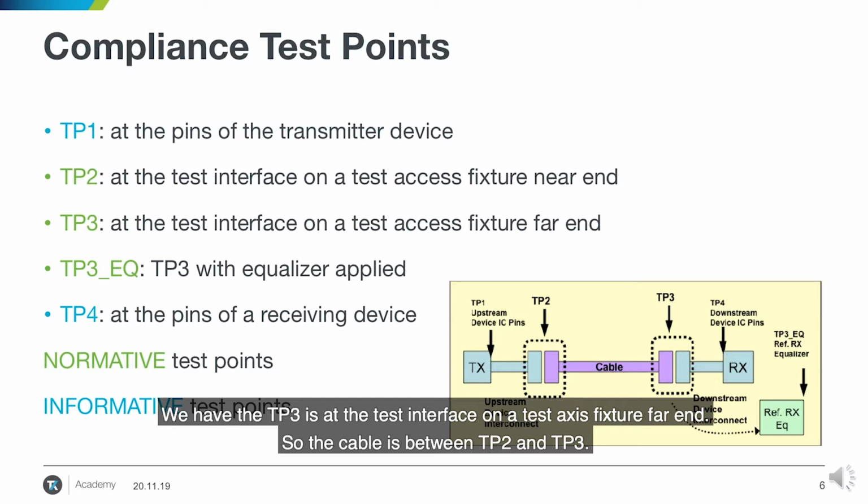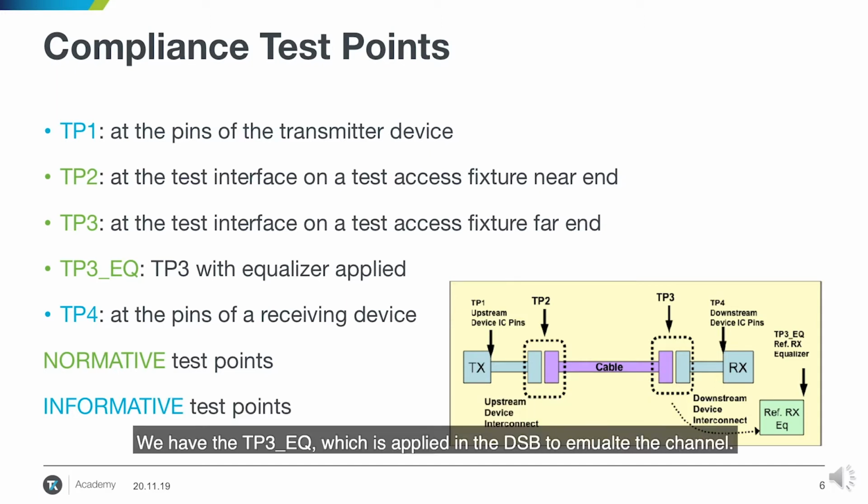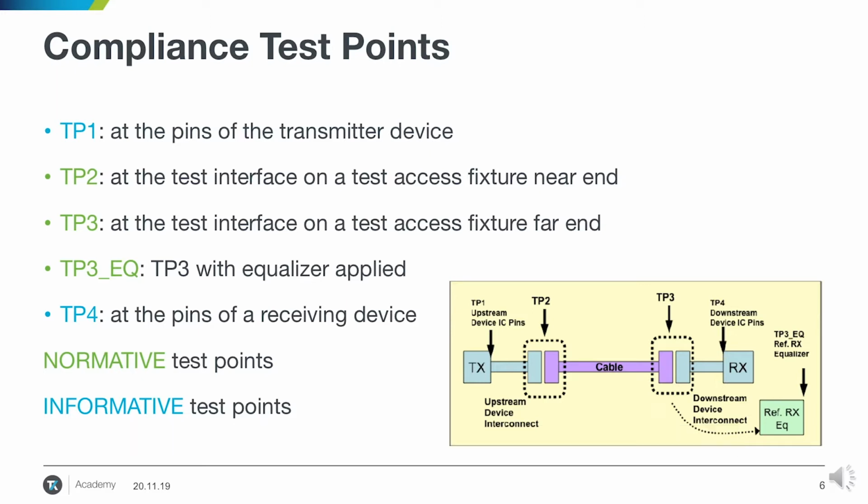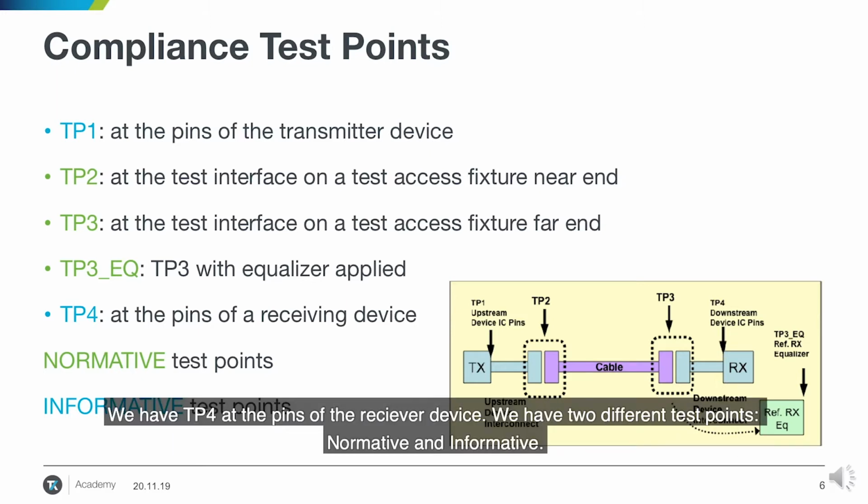So the cable is between TP2 and TP3. They have the TP3 equalizer, where the equalizer is applied in the DSP to emulate the channel. We have TP4 at the pins of a receiving device at the receiver side.